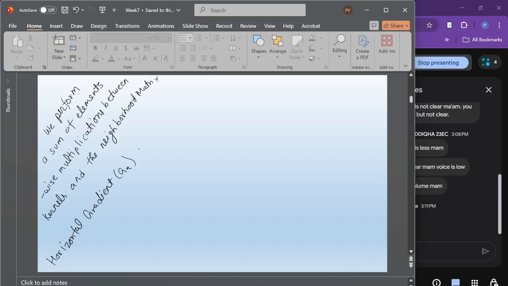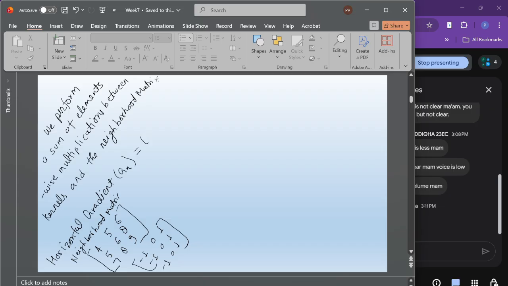So first we need to find the horizontal gradient, that is gx. I'm writing both here: 4, 5, 6, 5, 6, 8, 7, 8, 9 is our neighborhood matrix, and our horizontal kernel is -1, 0, 1, -1, 0, 1, and -1, 0, 1. Now we multiply these two, going column by column.